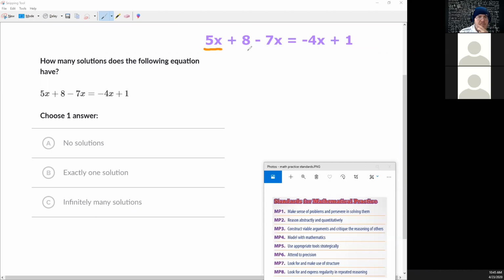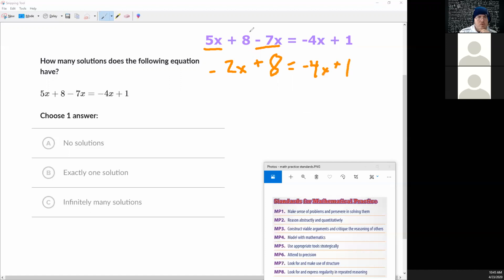So I've got a 5x and a negative 7x. They can combine to make negative 2x. I still have the plus 8 equals negative 4x plus 1.